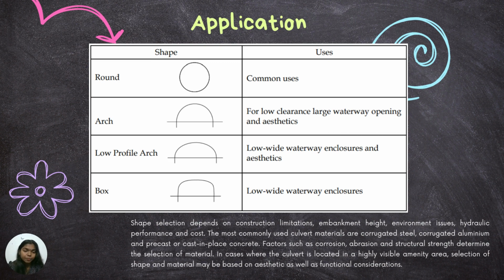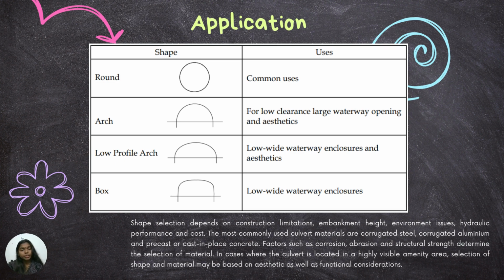The selection of shapes for a culvert depends on the construction limitation, embankment height, environmental issues, hydraulic performance, and obviously cost. The most commonly used culvert materials are corrugated steel, corrugated aluminium, and precast or cast-in-place concrete.